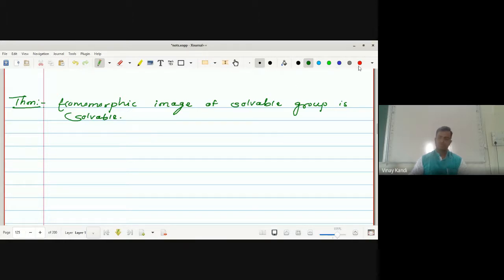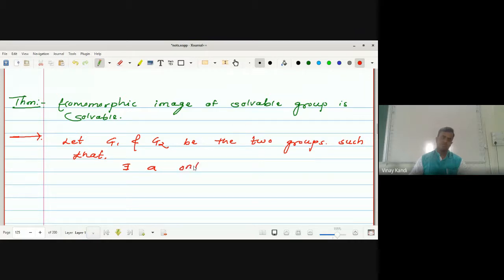Okay, good. Let G1 and G2 be two groups such that there exists an onto homomorphism.